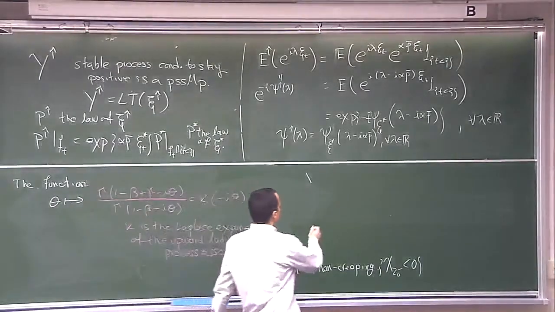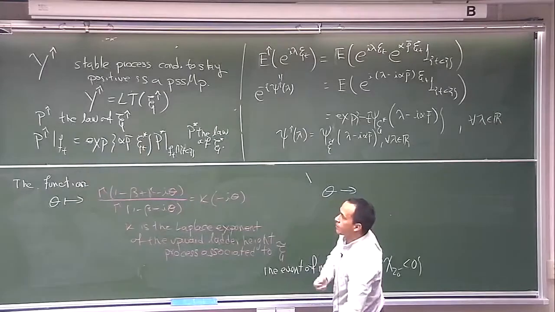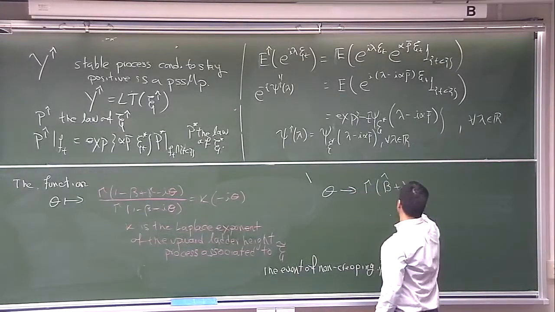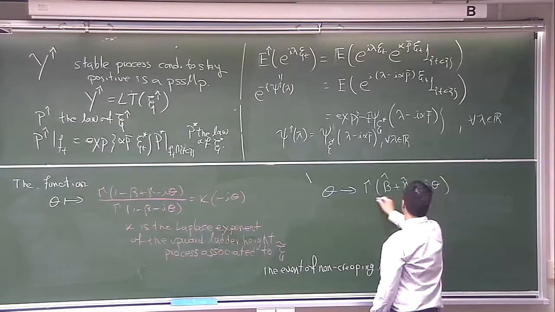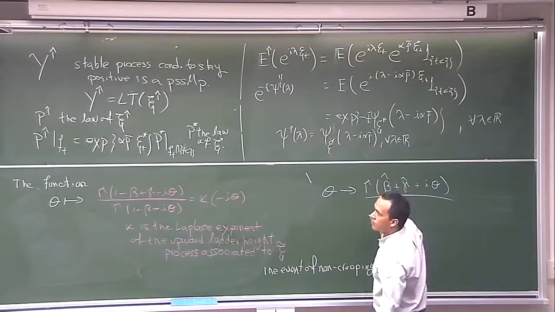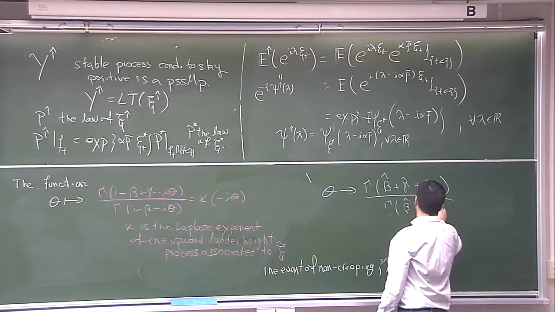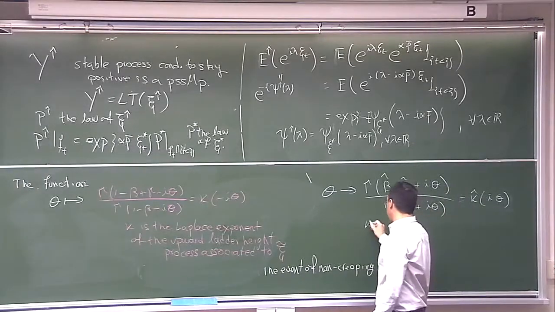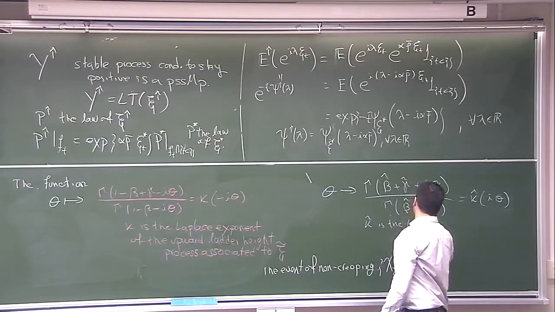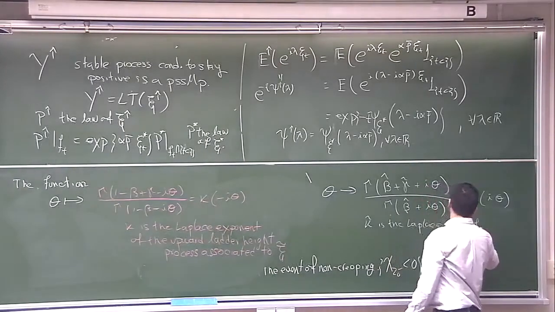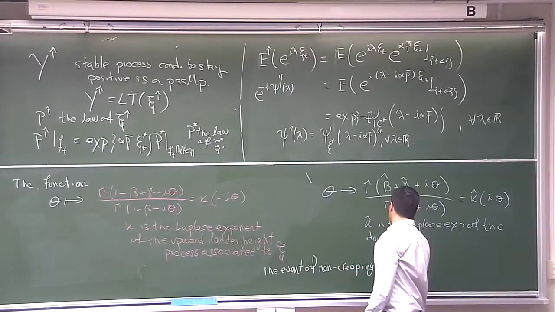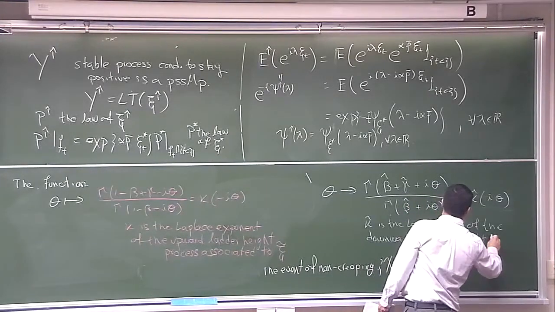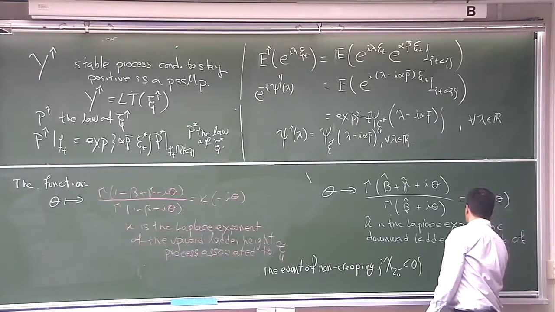And we can do the same: theta maps into gamma of beta hat plus gamma hat plus i theta over gamma of beta hat plus i theta, which is equal to kappa hat of i theta, where kappa hat is the Laplace exponent of the downward ladder height subordinator of psi tilde.